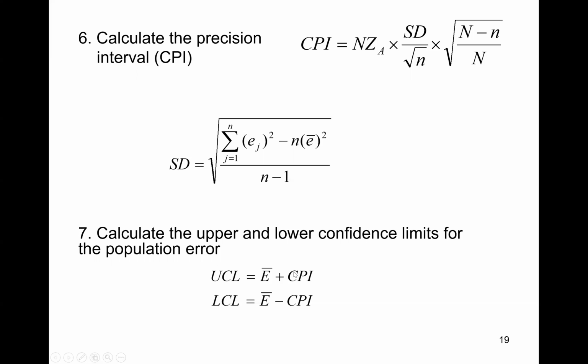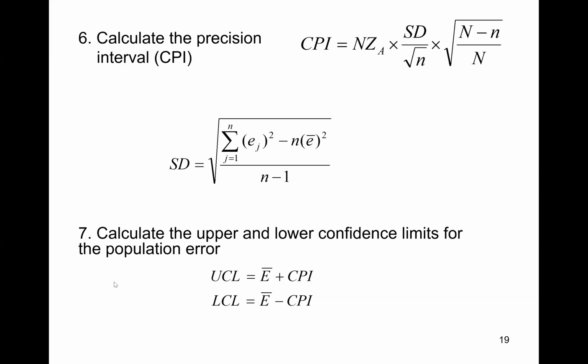So you need to be conservative and add on an extra amount to reflect the highest likely error in the population, which is the upper confidence limit. The upper confidence limit is just like a confidence interval. If you've done that in statistics before, it basically tells you the largest likely value for a given confidence level.